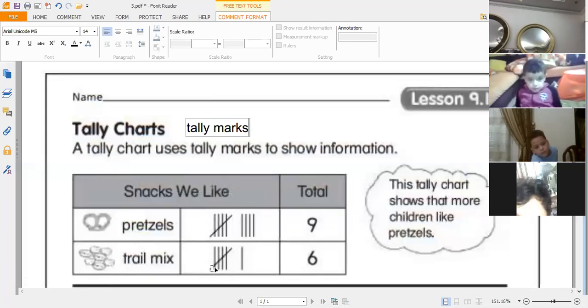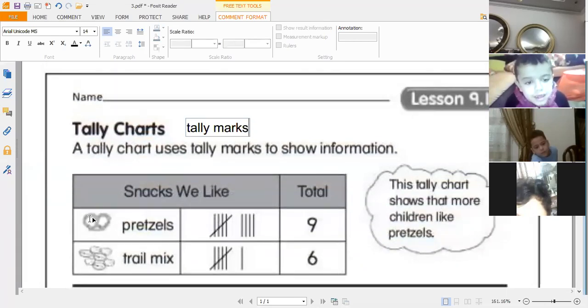This table or chart uses the tally marks to represent the objects. So there's a difference between the tally chart and the tally marks. The tally chart is the large table, but the tally marks are these small lines.